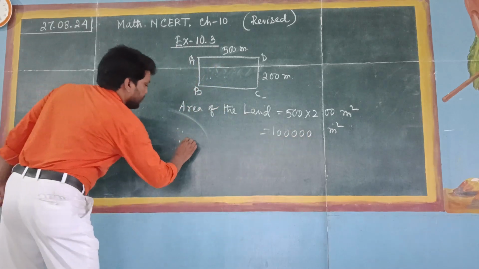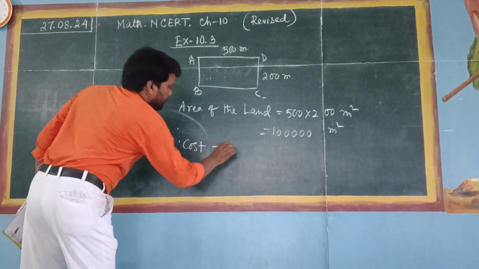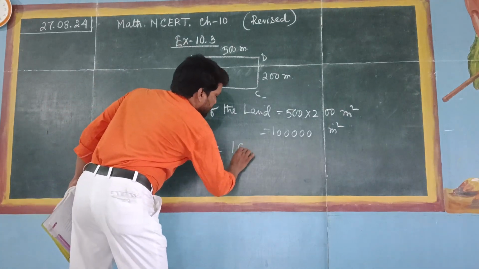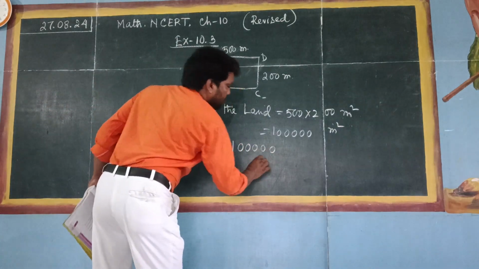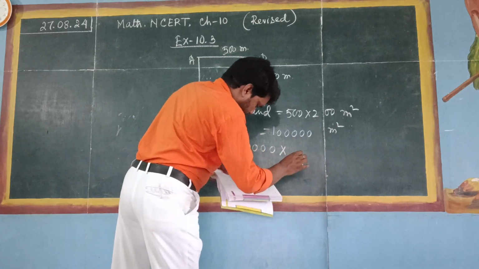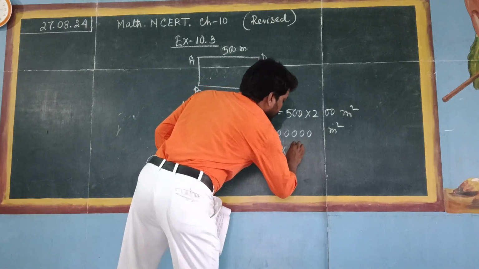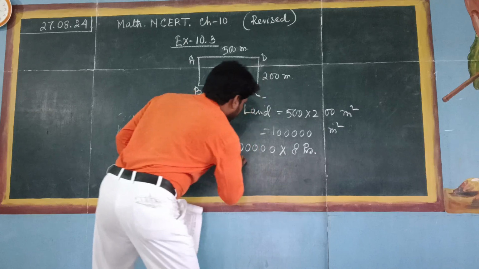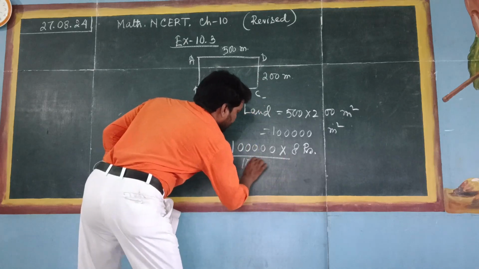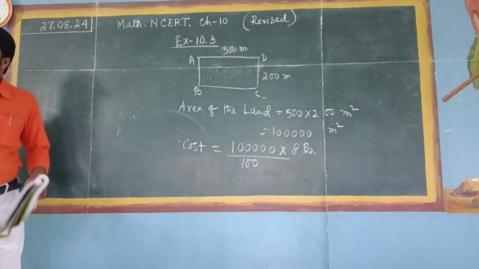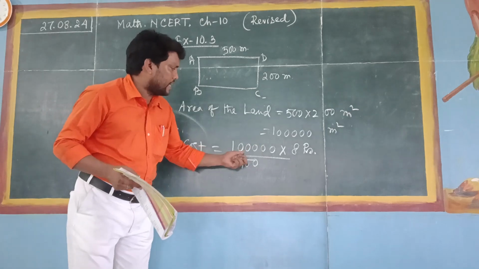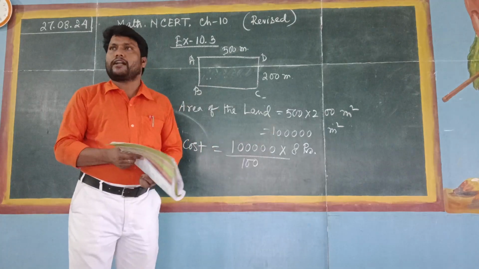So the cost will be 1 lakh meter square into rupees 8 per 100 meter square.